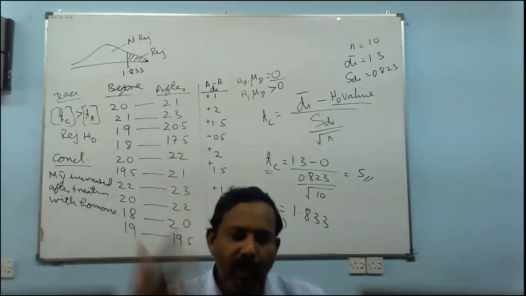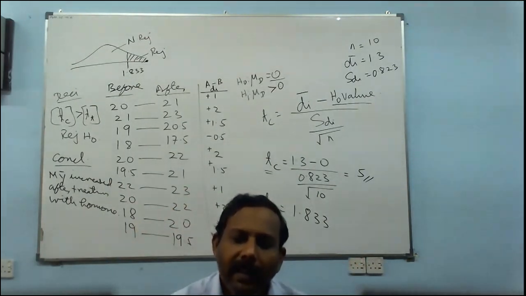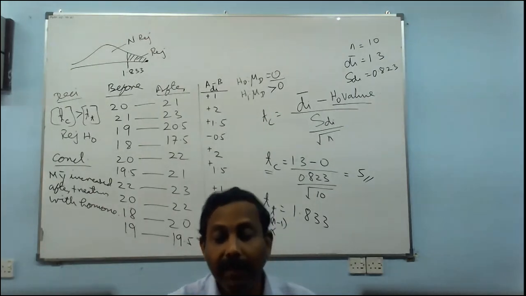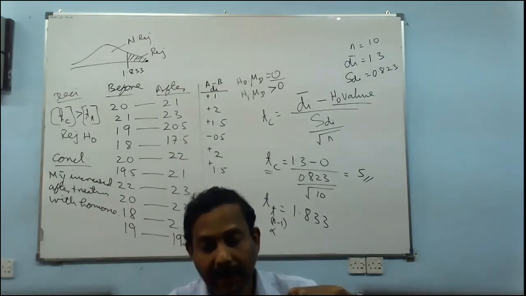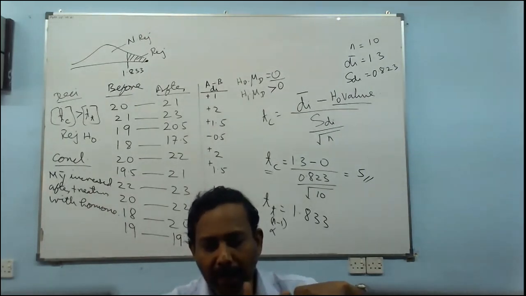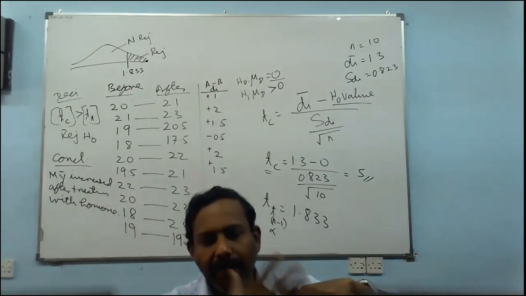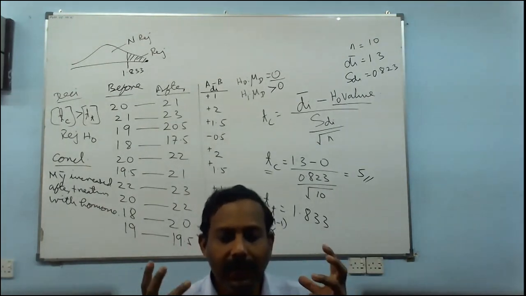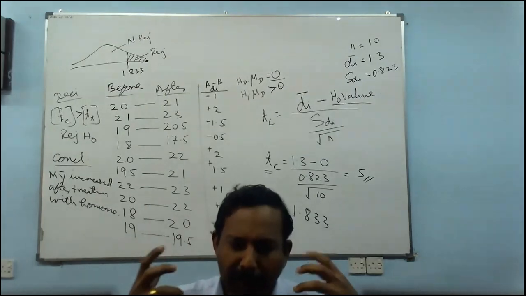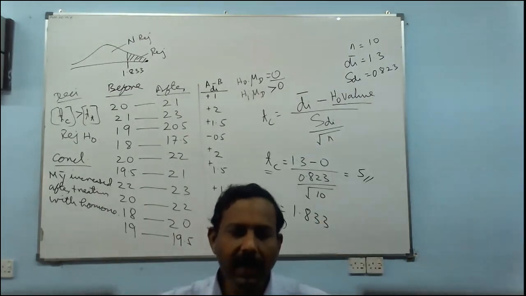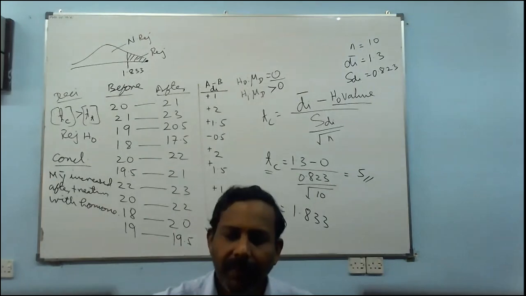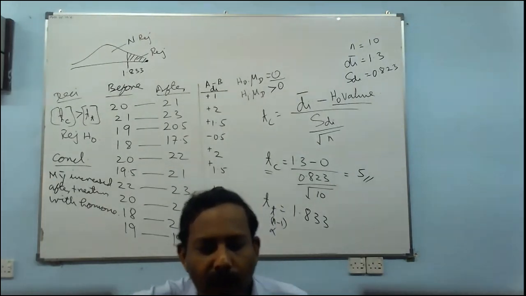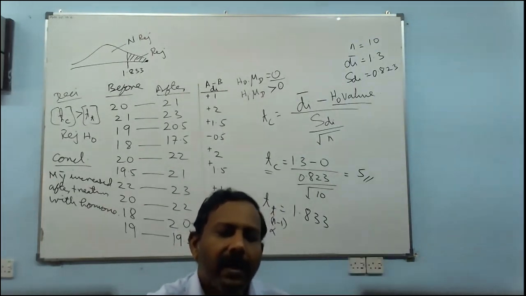That is actually what we want to evaluate, whether the training has been effectively implemented in terms of improving the worker's skill. So improved worker skill means it is reducing the time. Likewise, you can apply this in several fields.